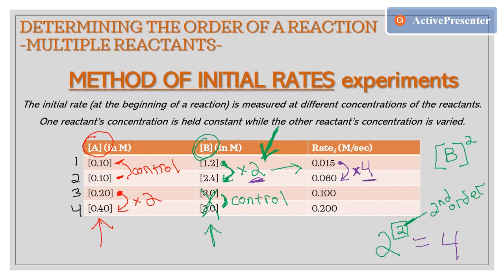Now let's look over and see what that doubling did to the initial rate. The initial rate was at 0.100, and as we increased the concentration of A from 0.20 to 0.40, the initial rate increased from 0.1 to 0.2. So that also doubled. If we write this down, the concentration of A doubled, and the initial rate doubled.